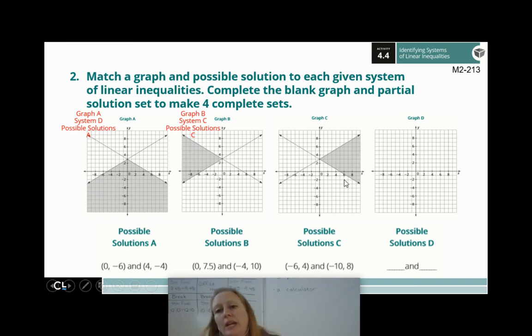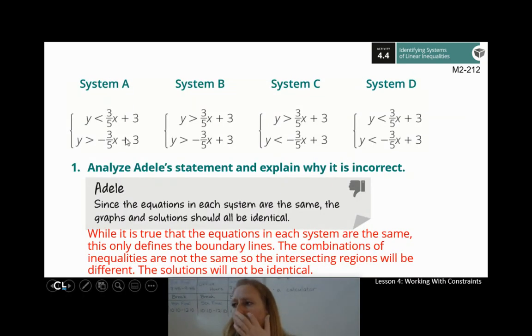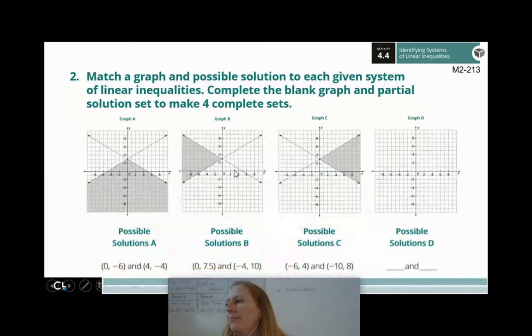Now for graph C, we actually have them flipped. So it looks like y is less than the positive slope and y is greater than my negative slope. So if I come back over here, we said y is less than my positive slope, greater than my negative slope, system A. Whoa.